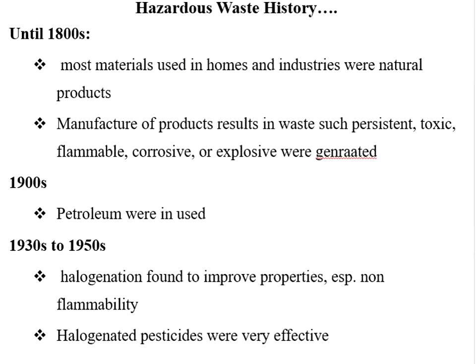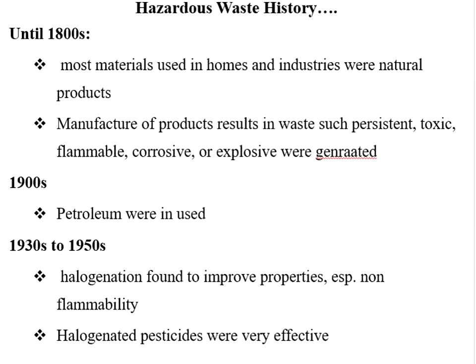Looking at some history, until the 1900s, that means the 19th century, most materials used in homes and industry were natural products. Manufactured products resulted in wastes that were persistent, toxic, flammable, corrosive, and explosive. In the 19th century, petroleum was used by human beings.